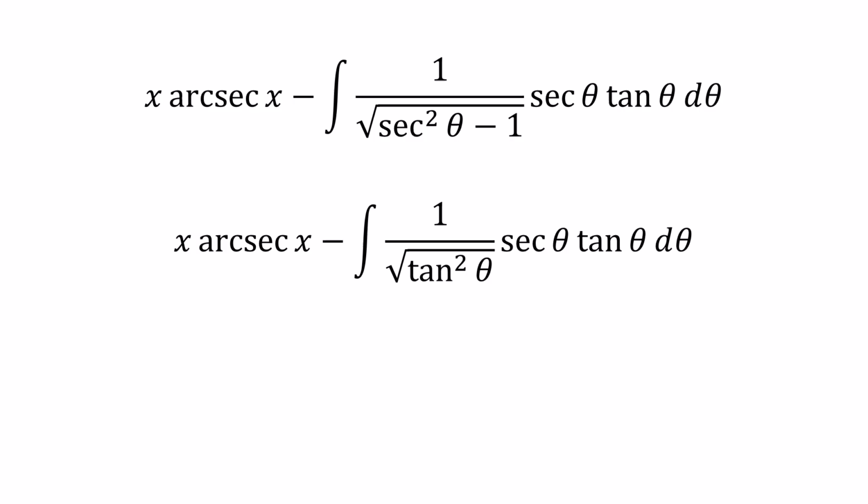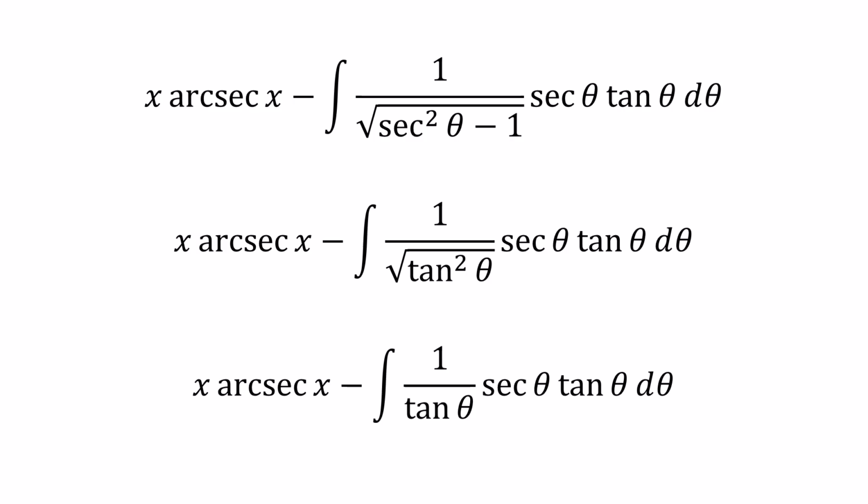Taking the square root then gives x arc secant of x minus the integral of 1 over tangent of theta times secant of theta tangent of theta d theta.